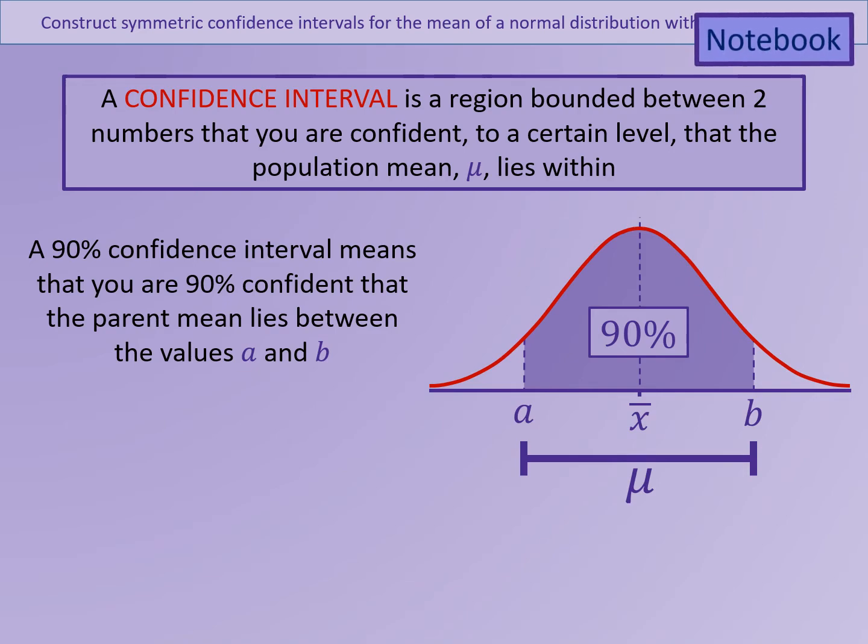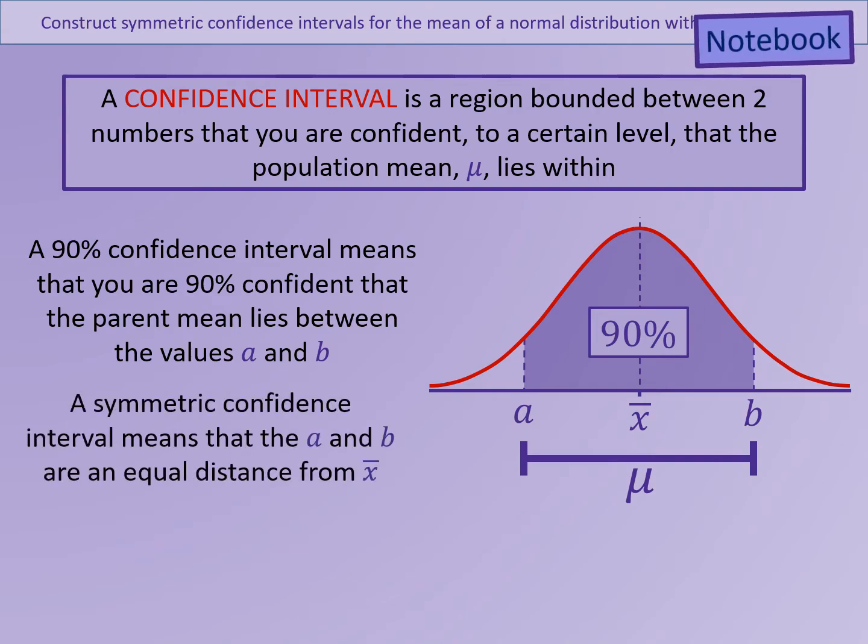So mu is the population mean, and we are 90% confident that mu lies between a and b based on our value of x bar. This is a symmetric confidence interval because a and b are the same distance away from x bar.